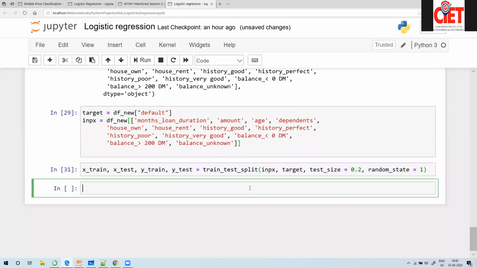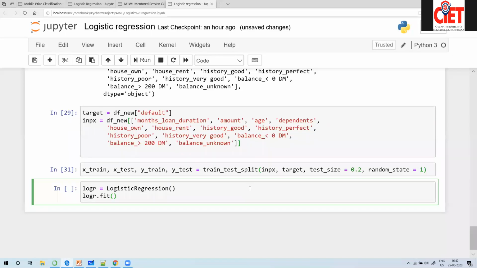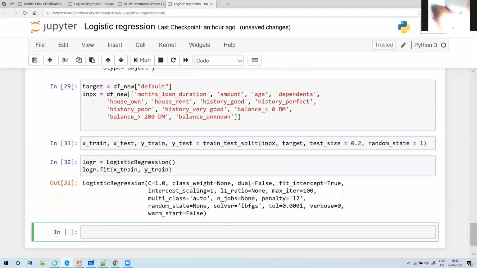So my training and test data sets are ready. Logistic regression, we call it log, whatever the alias that you can give. And while training the model, input data is X underscore train, target is Y underscore train. Done. Just one single execution, a couple of lines of code, we have our model ready.